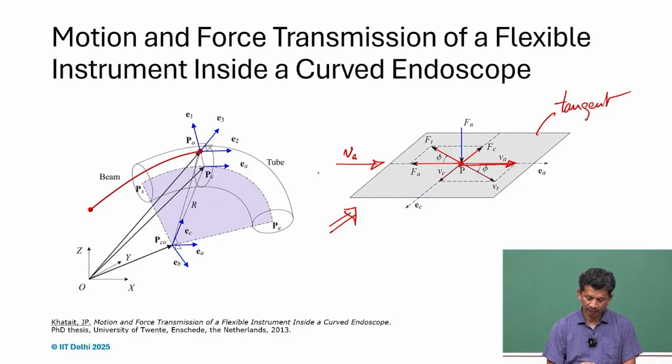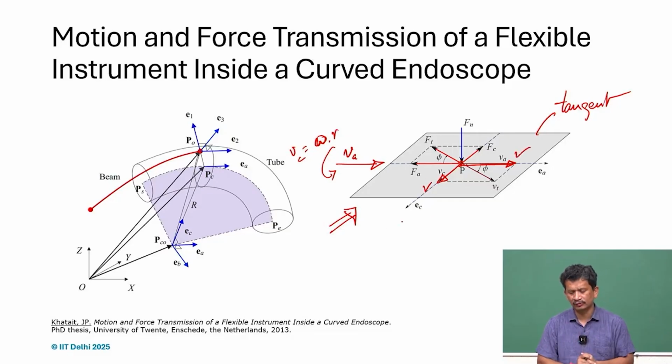But when you combine, you can say omega is the angular rotation of the instrument, multiplied by r, the radius of the instrument, and we call it Vc. So Va and Vc: now two motions are there.